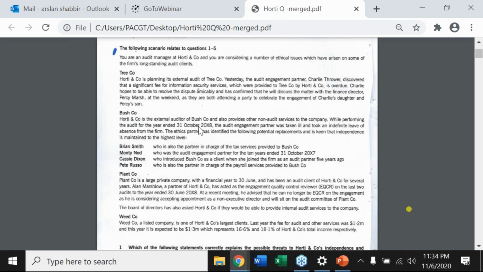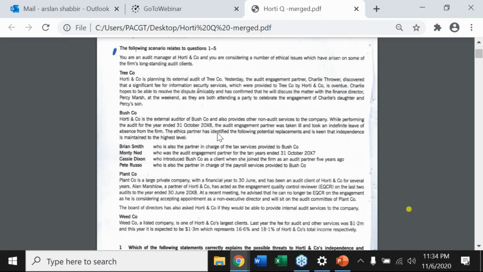The audit engagement partner, who is part of the audit firm, was taken ill and took an indefinite leave of absence from the firm. So the engagement partner is vanished from the audit scene.